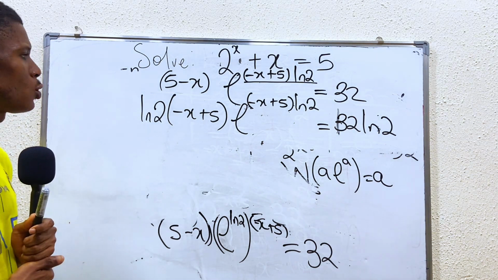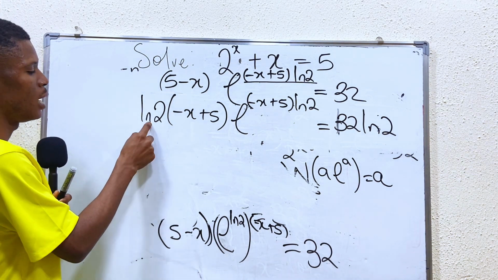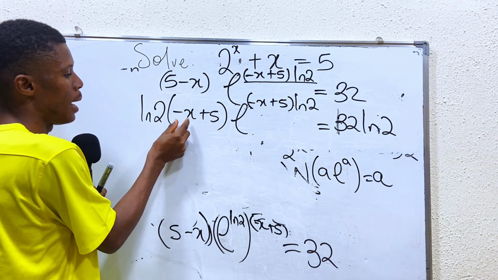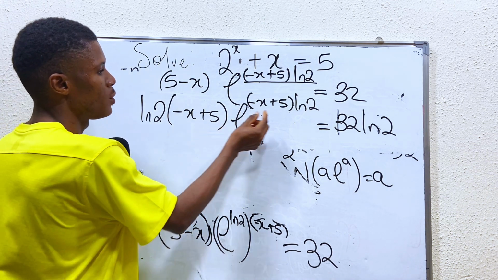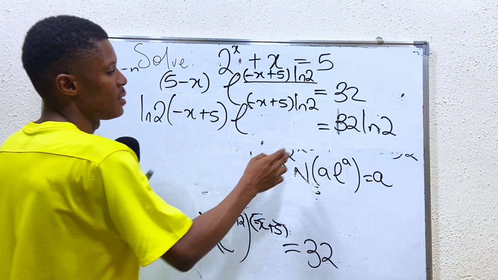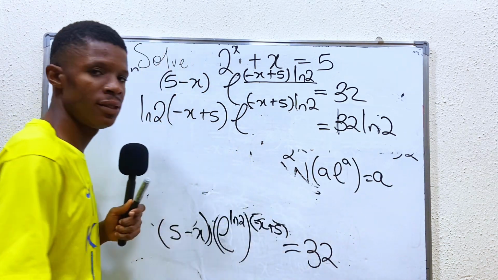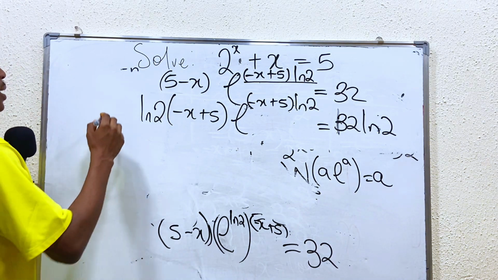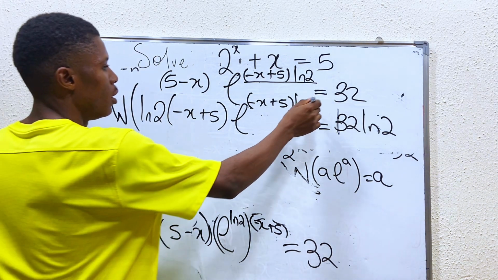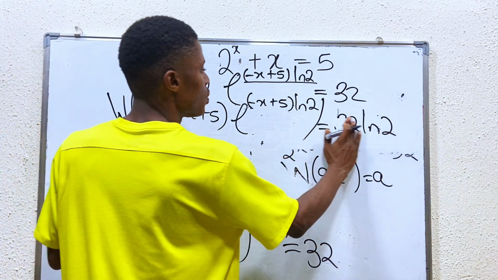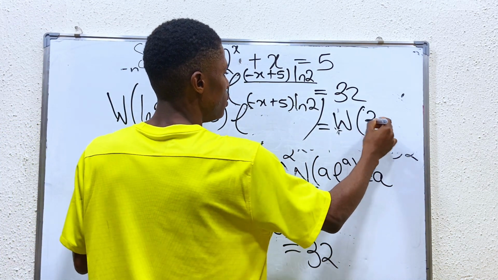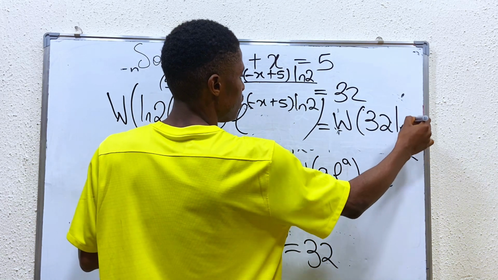So what do we actually observe? We have ln 2 times minus x plus 5, which is ln 2 times minus x plus 5, which is the same, and that equals 32 ln 2. So we can now take the Lambert W function of the left-hand side and also take the Lambert W function of the right-hand side.